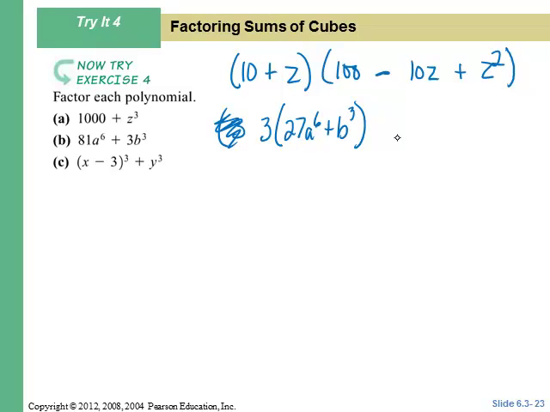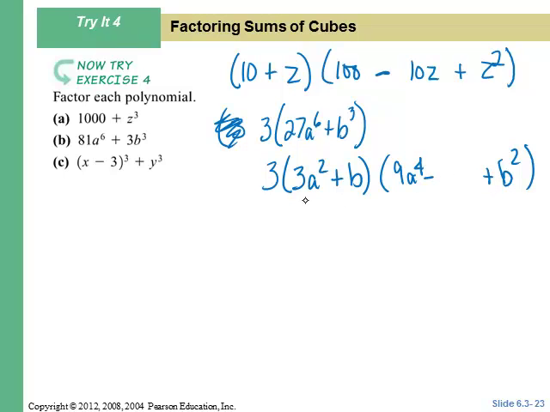Okay, so cube root of the first term, cube root of this, or copy the sign, cube root of the second term, square the first term, square the last term. Exactly one negative sign. Multiply this out. Last one.